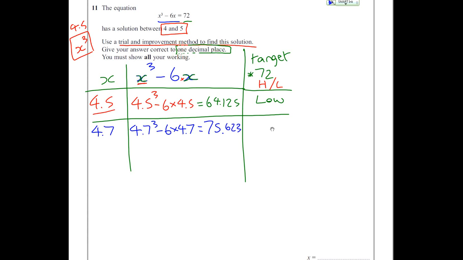That is now too high. So what we're going to do is we're going to go lower. Go to 4.6. 4.6 cubed, take away 6 times 4.6 on your calculator. I am now just changing 7s to 6s.